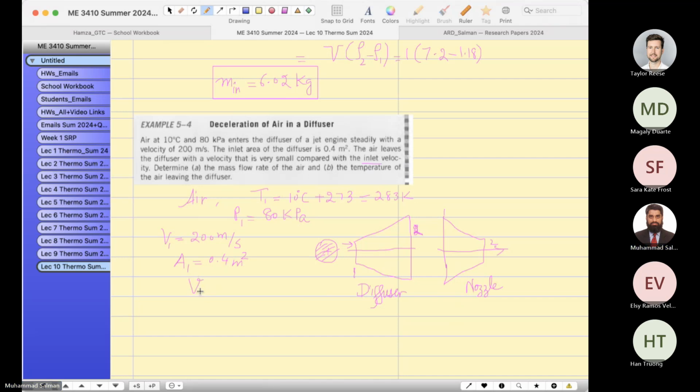So imagine the exit velocity is neglected. You have to find out the mass flow rate of air, and the temperature leaving the diffuser. So we have to find out T2.